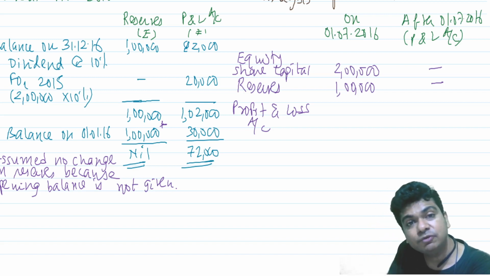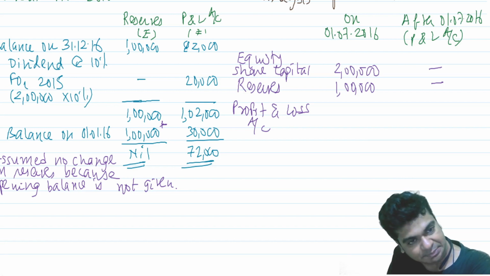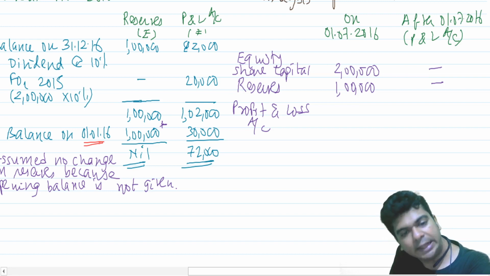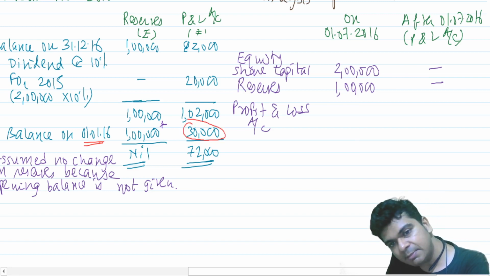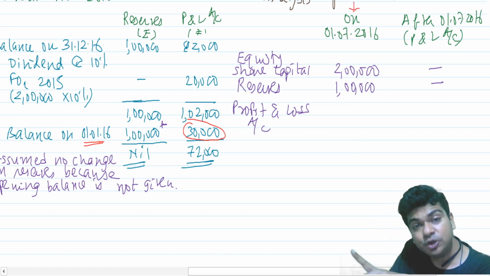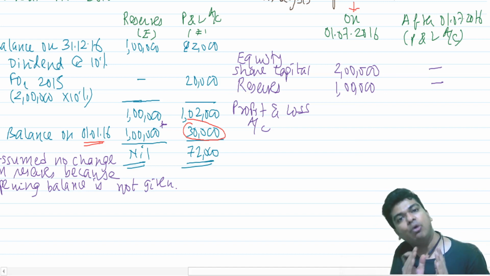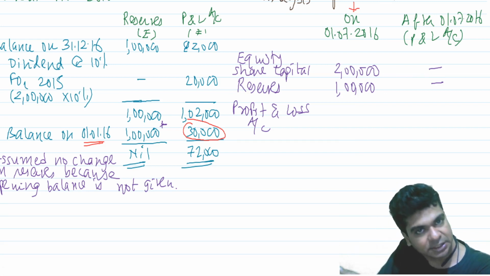They have given you the balance of the P&L on 1st January. It's going to be very interesting. See, here it is, the balance on 1st January is 30,000. But then my column title is not 1st January. My column title is 1st July. So I have to work out what will be the P&L balance on 1st July 2016.